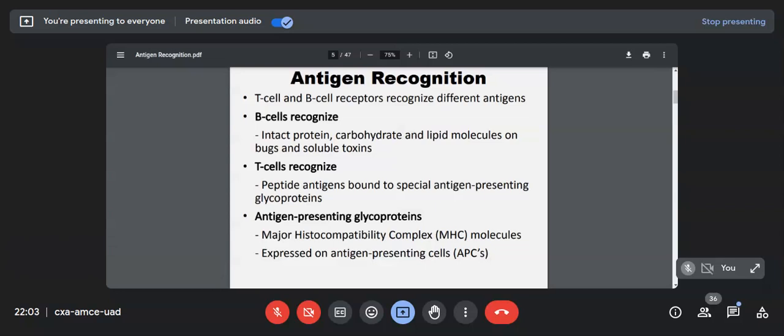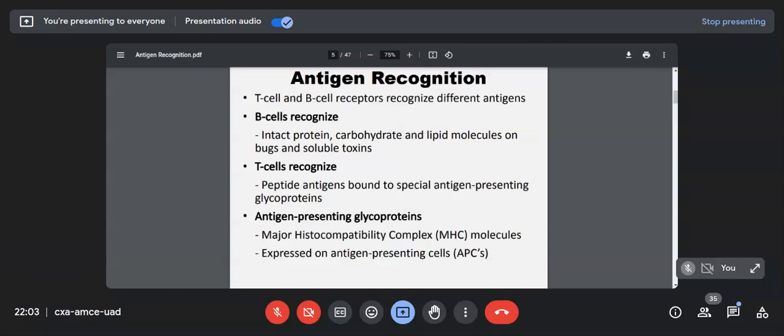On the cell surface of a macrophage or a dendritic cell, which are basically antigen-presenting cells, they have a structure which we call an antigen-presenting glycoprotein.